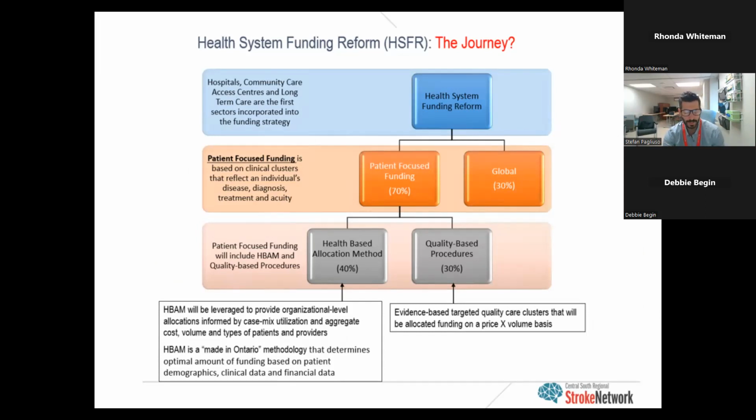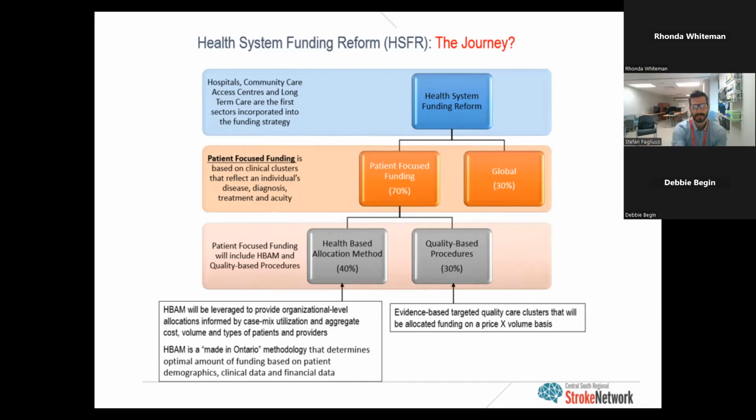Patient-focused funding is broken down into 40% health-based allocation method, which is HBAM, and 30% QBPs. HBAM is a methodology that determines funding based on patient demographics, clinical and financial data, whereas QBPs are evidence-based targeted quality of care clusters that will be allocated funding based on an equation of price times volume.